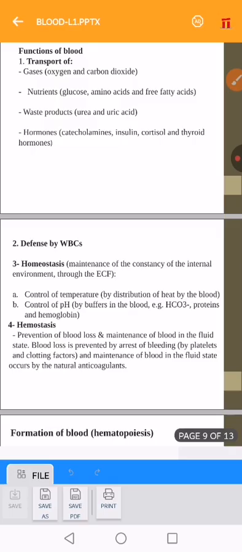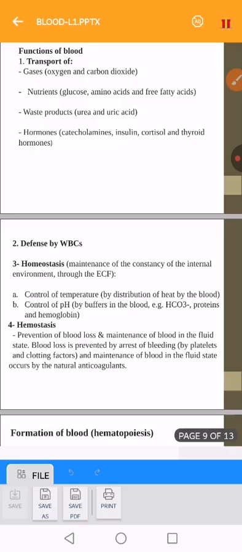Without the blood, there is no vasodilation. For example, we have the hypothalamus, which contains the temperature center.